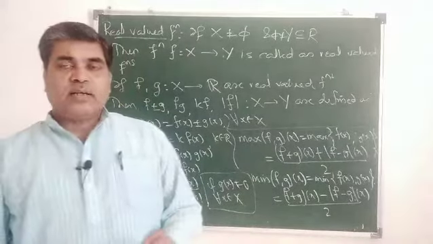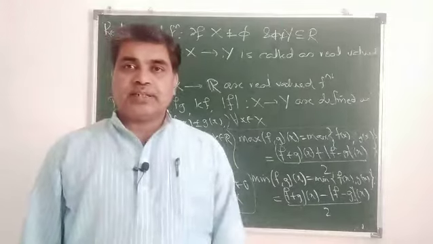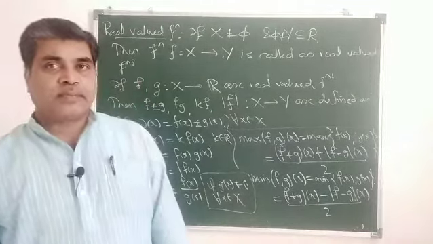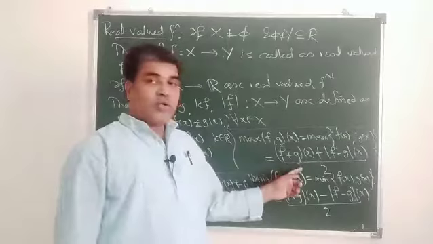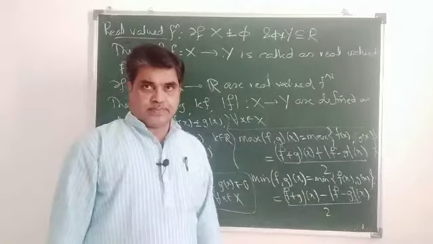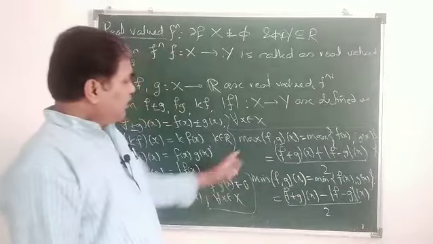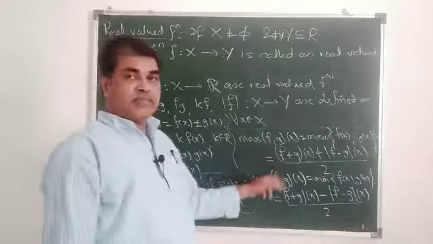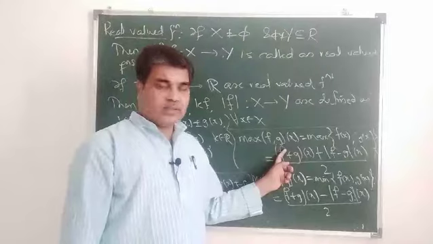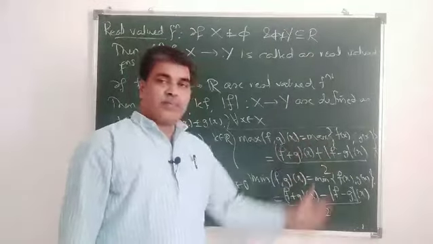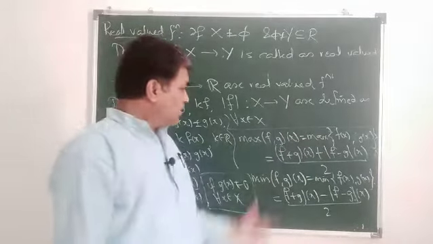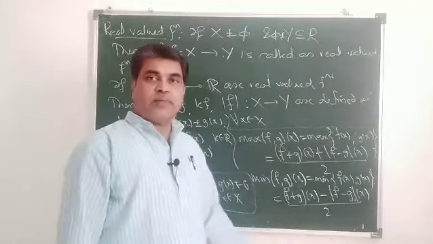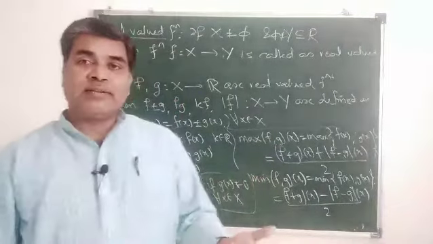We know that addition of two continuous functions is continuous, difference of two continuous functions is continuous, modulus of a continuous function is continuous. If f and g are two continuous functions, then to show that maximum of fg is continuous, by using algebra of continuous functions I can prove that maximum of fg is also a continuous function, and minimum of fg is also continuous on the same line.